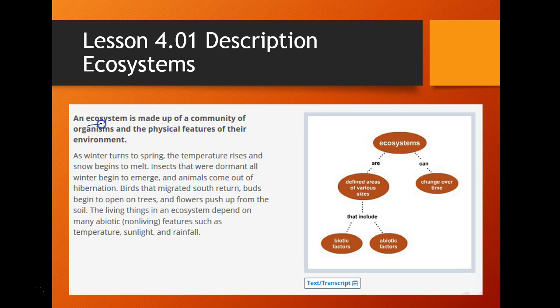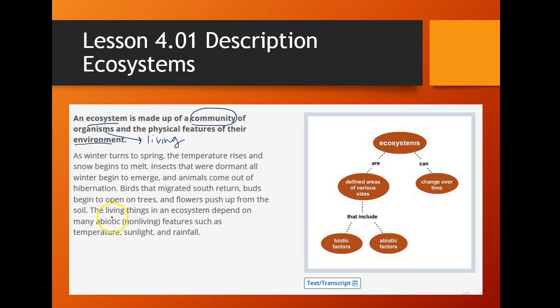An ecosystem is made up of a community of organisms, right? Remember, organisms are living things and the physical features of their environment. So we have a community of organisms or living things, so not just one species, but many different species living together, as well as all of the physical features of where they live.